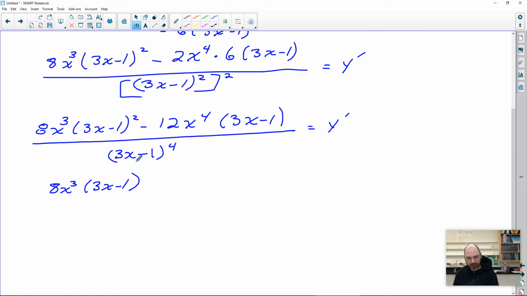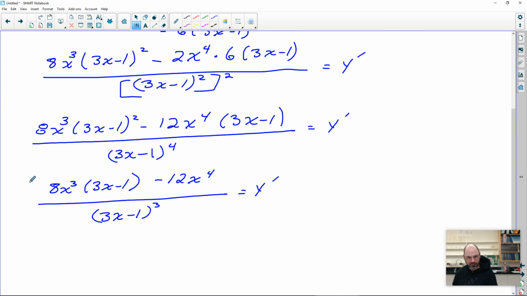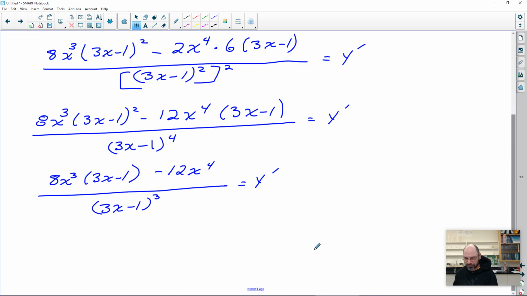So if I take one away, I've got one left, minus 12x to the fourth, nothing there because I take it away, all over 3x minus 1, take one away, get a 3. Okay, that's our y prime. If you wanted to common factor out 4x cubed out front, you could write it also in a different form as well.